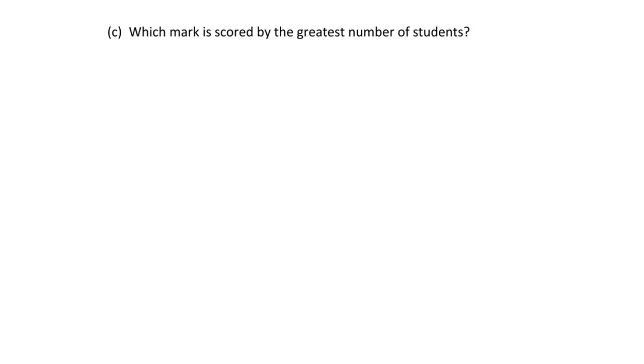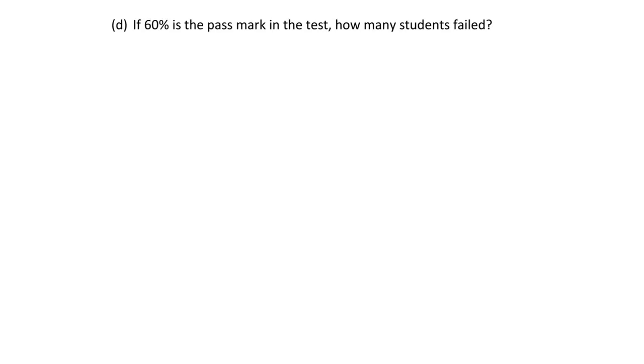For part C, which mark is scored by the greatest number of students? Okay, so from the table, we can see that 11 students scored 60%. So this is the mark scored by the greatest number of students. Part D of the question, if 60% is the pass mark in the test, how many students failed?